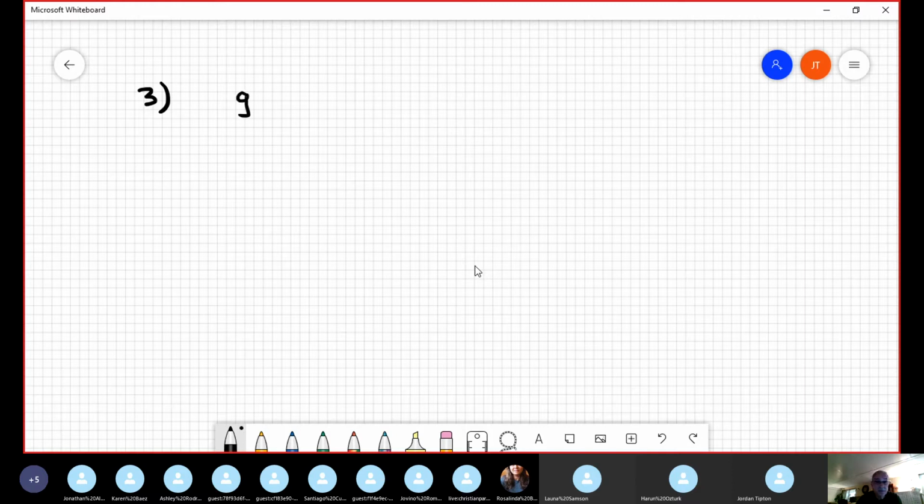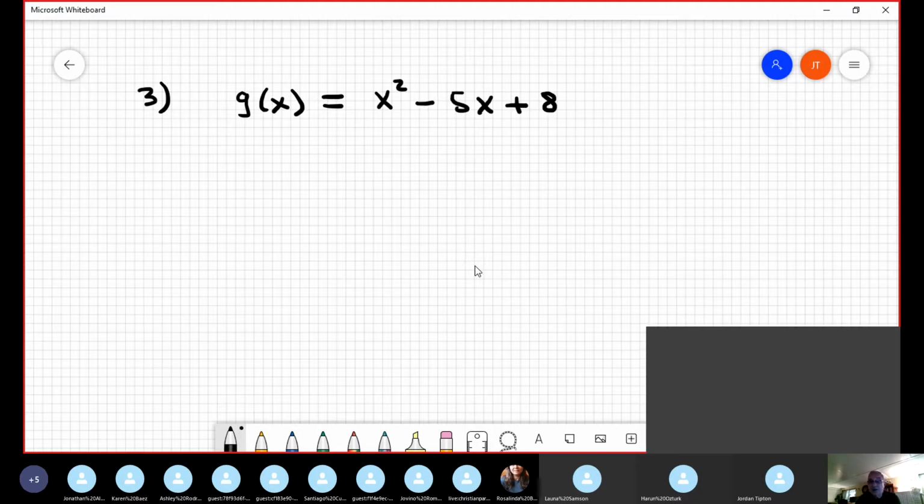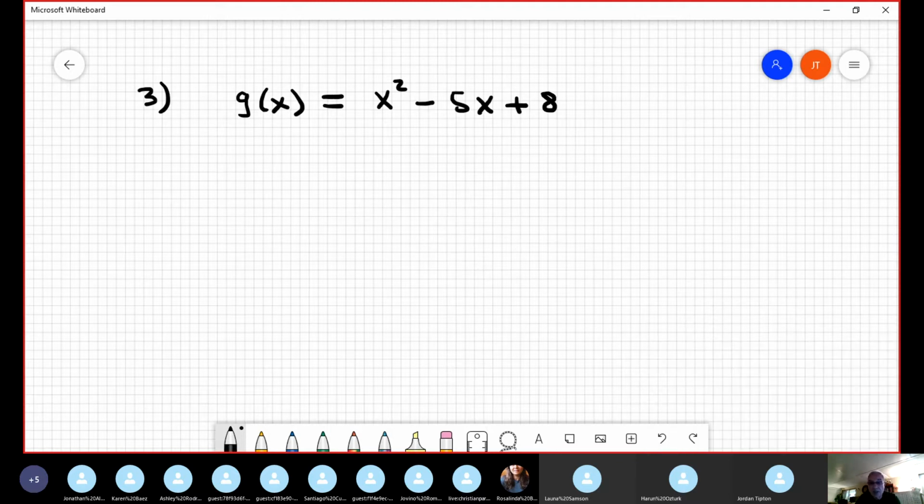Number 3 is g of x equal x squared minus 5x plus 8. Oh, sorry, Santiago, I can see the board. Switch the screen share, board. Now do you see or no?